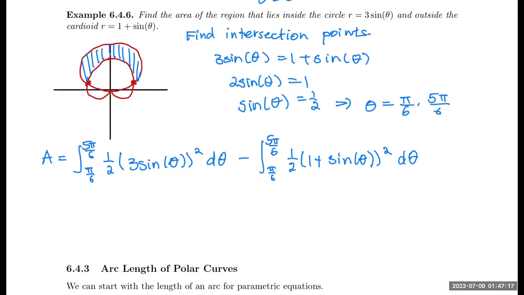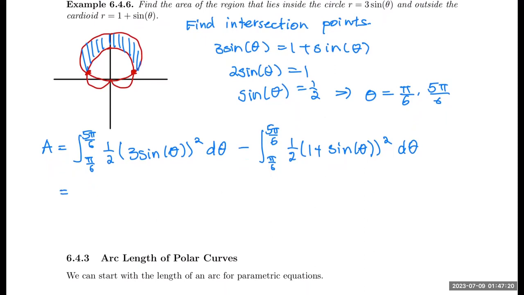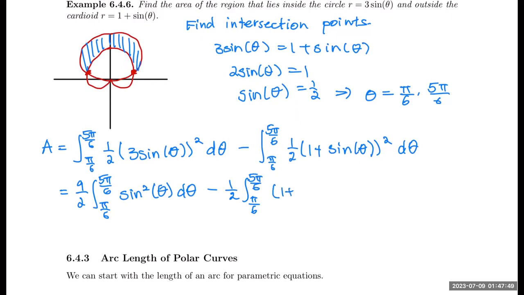Okay. So that's going to give you 9 divided by 2, I'll put it on the outside, times the integral from pi over 6 to 5 pi divided by 6 of sine squared theta d theta, and then minus 1/2 times the integral from pi over 6 to 5 pi divided by 6 of 1 plus 2 sine theta plus sine squared theta d theta.